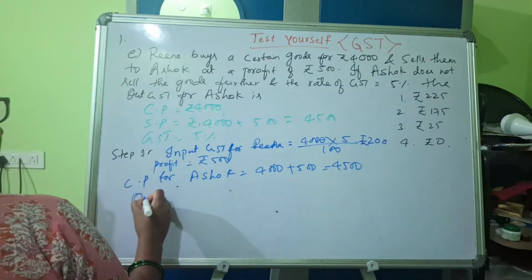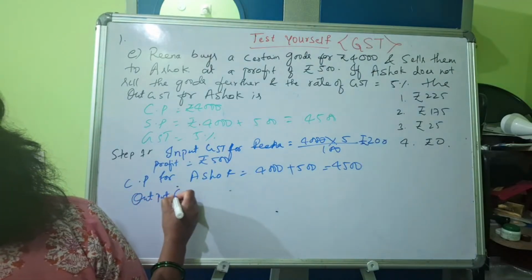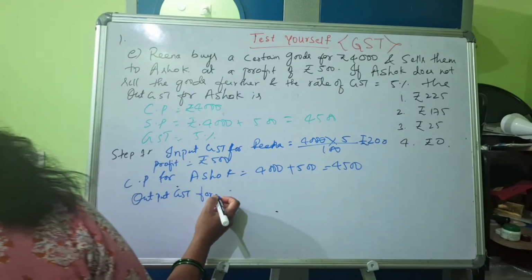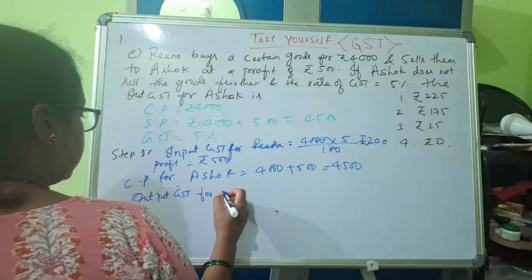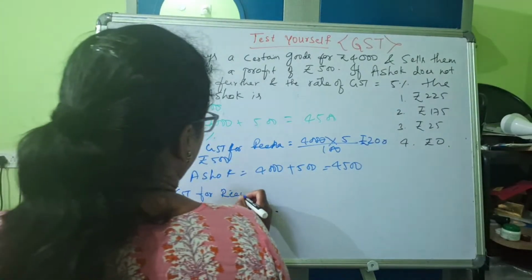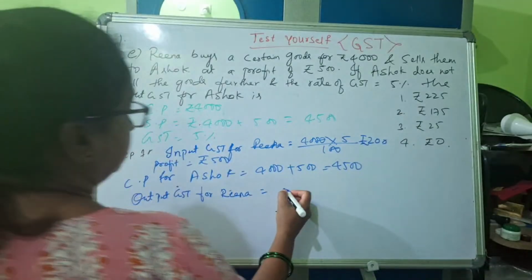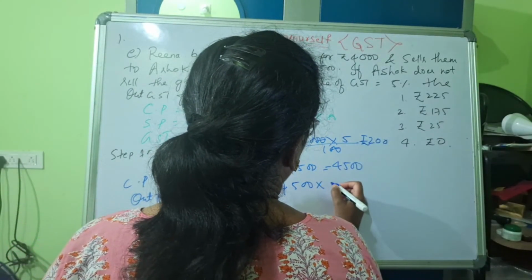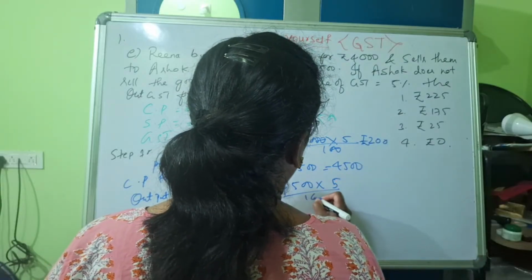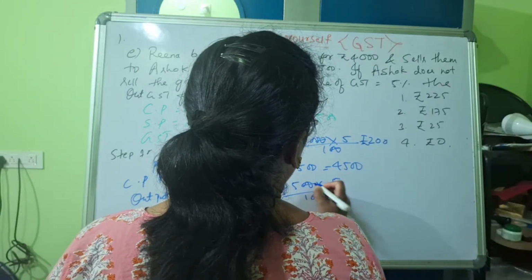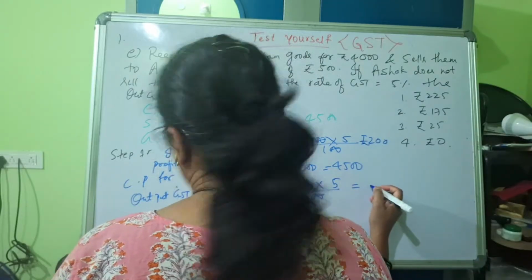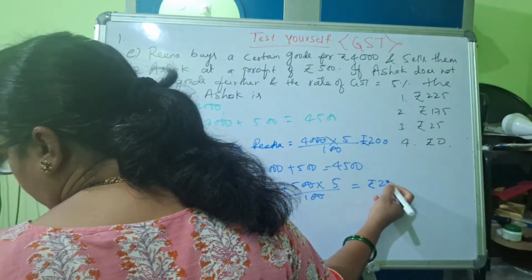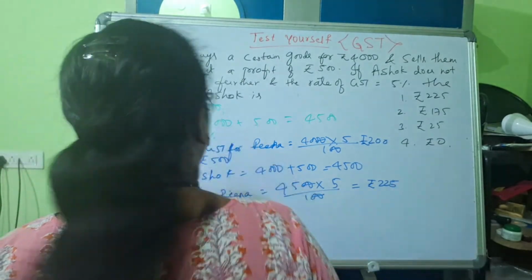And the output GST for Reena is equal to 4,500 into 5% divided by 100, which is equal to rupees 225.